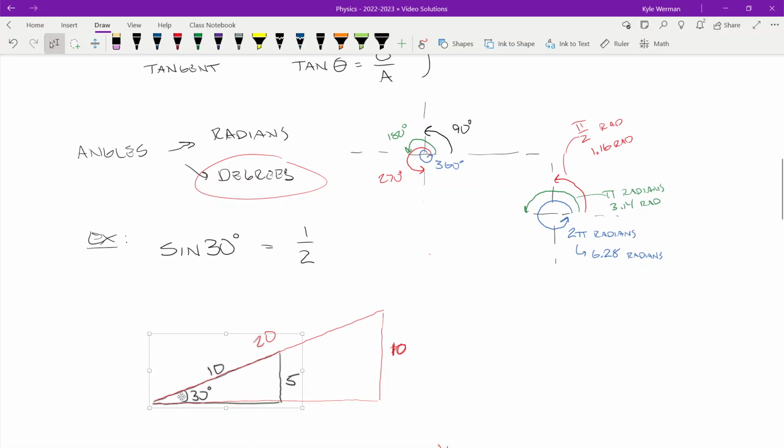And it doesn't matter how big the triangle gets, as long as that angle remains constant, if I stretch it out to this red one, and I double this opposite leg to 10, well, now the hypotenuse is 20. The ratio, the sine of 30, will always be this opposite over the hypotenuse, and at that particular angle, it is always 1/2.